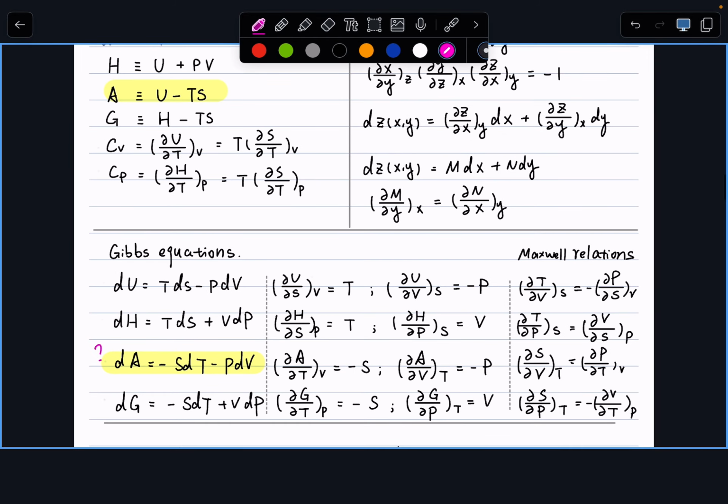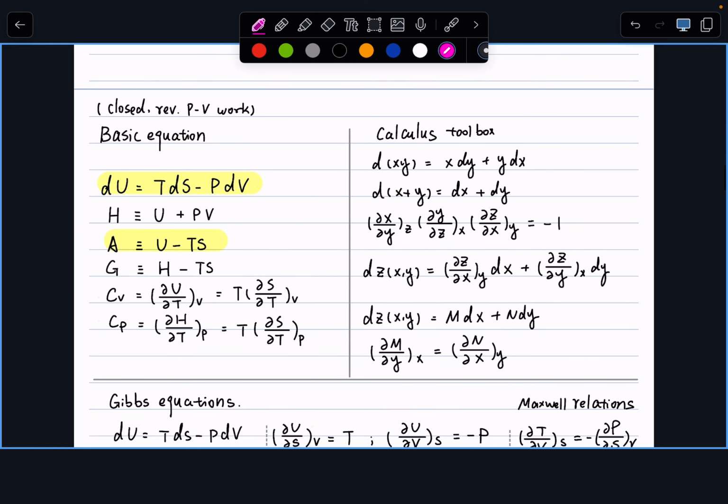The way is very simple. We start by writing A equals U minus TS. In my calculus toolbox, we can first take the differential on both ends to get dA equals dU minus d(TS). And in my calculus toolbox we have d(xy) equals x dy plus y dx.